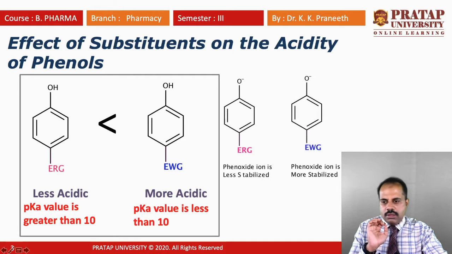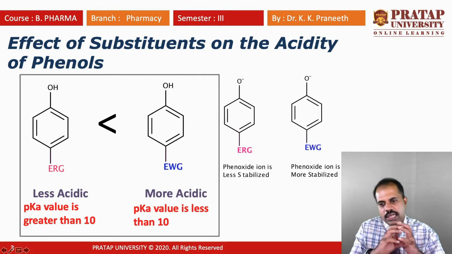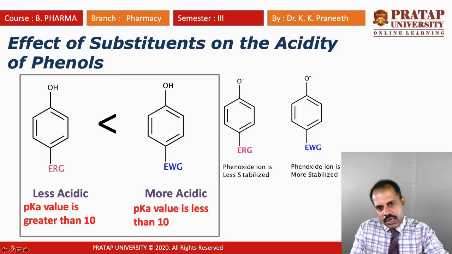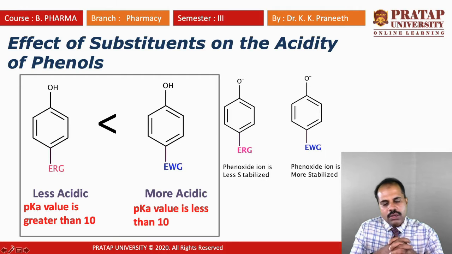Now the question is why the acidity is decreased in the case of a phenyl ring having an electron releasing group. To be considered an acid, it should release the proton. After the release of the proton, you get the phenoxide ion, shown here in this slide.